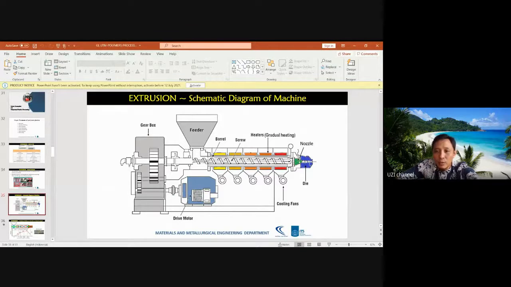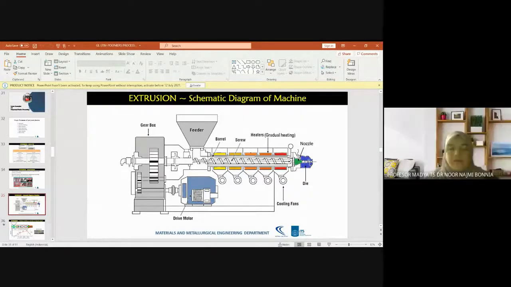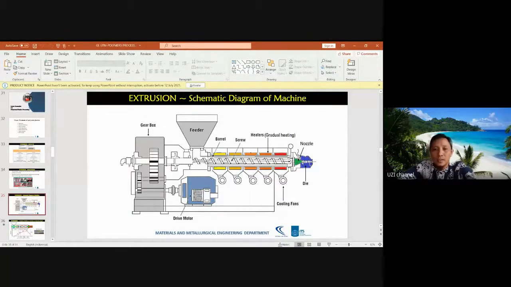When it comes to the nozzle, the viscosity is too low and the die will not work properly. It may need more time to wait before it is released.